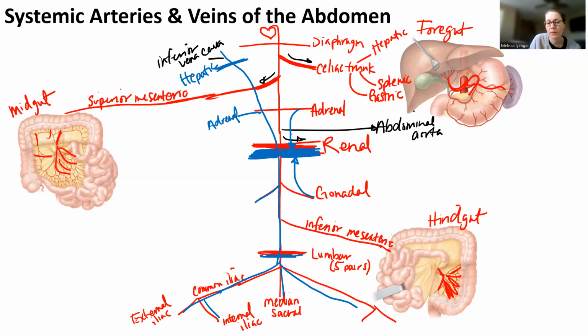And on the left side, I also have adrenal, but on the left side, the adrenal vein and gonadal vein actually drain into the renal vein. This is a nice difference there. This is why if you were asked to draw one on top of the other, you'd have to use different colors so that you can see how the veins drain a little bit differently.